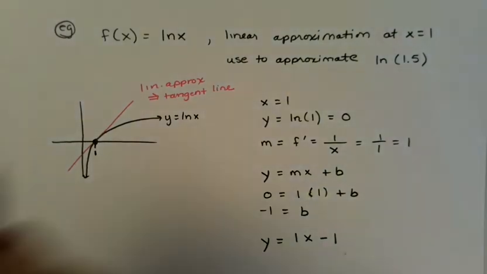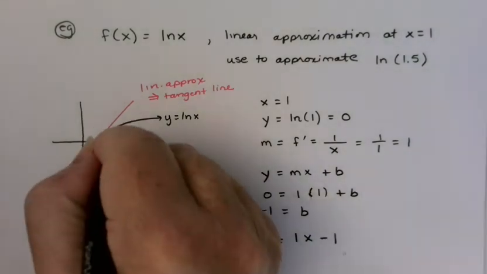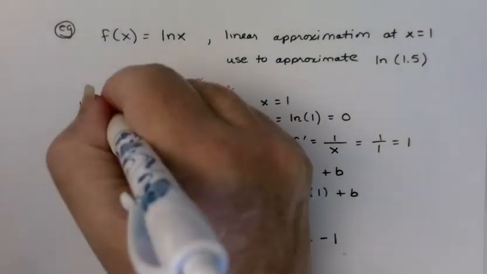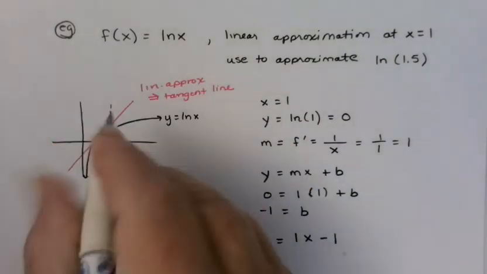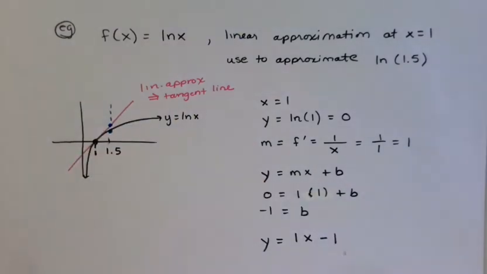And we know that if we stay close enough to x equals 1, like maybe 1.5, then the value of the function and the value on the tangent line are pretty close together, right? The closer I stay to 1, the better that approximation is going to be.